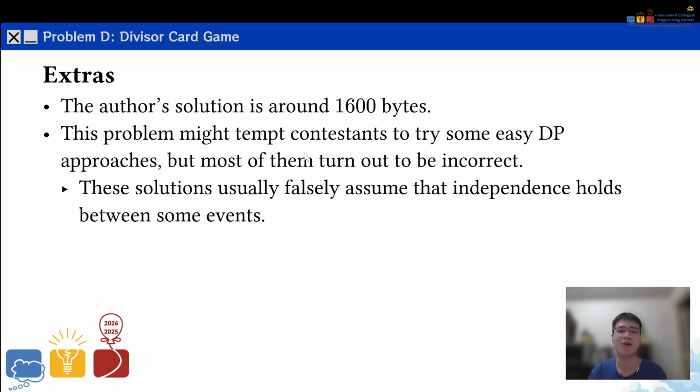But most of them turn out to be incorrect, mostly because they falsely assume that independence holds between some events. This is a common mistake that many people make when they try to solve this problem. And this is how I solve the problem. Thank you.